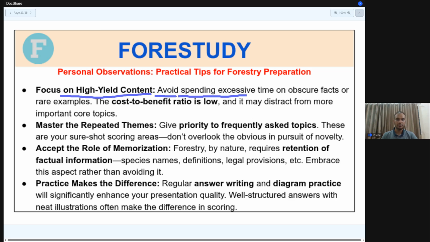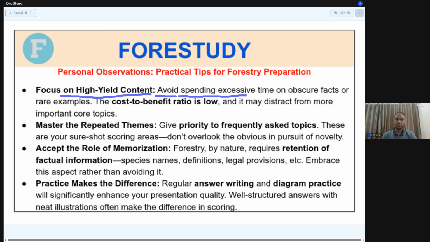These are the topics that define what your marks in forestry will be. There are very sure short scoring areas. You can't afford to skip those things. Find them and prepare them very well.